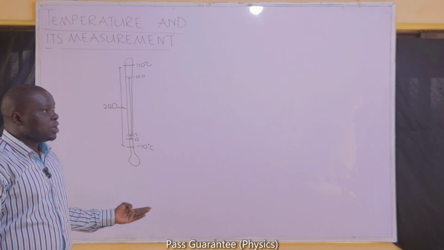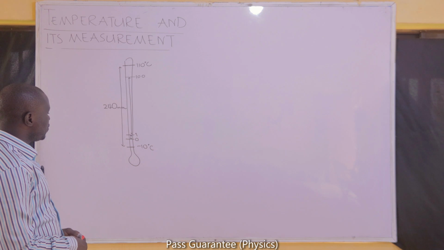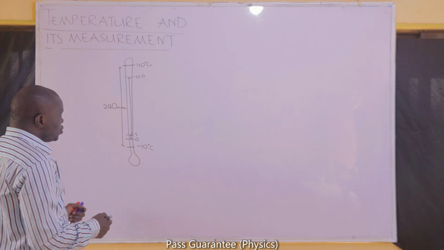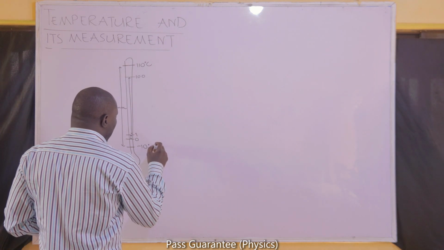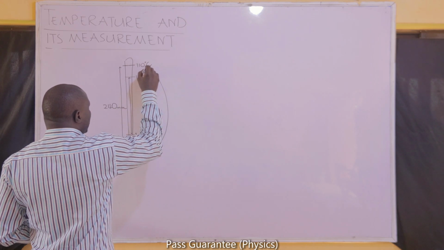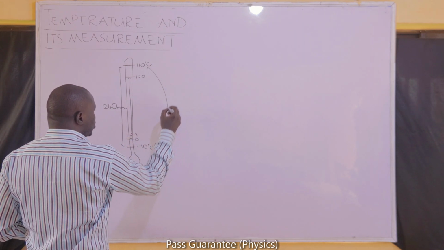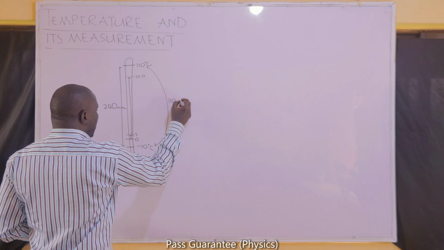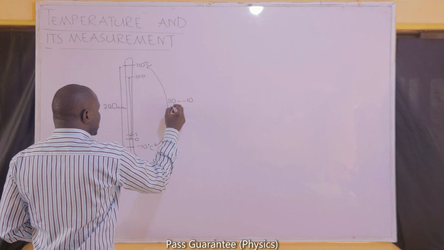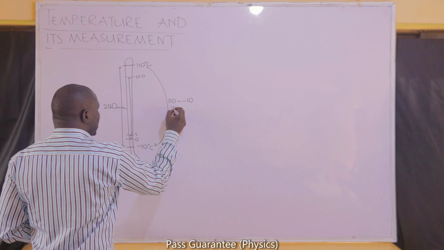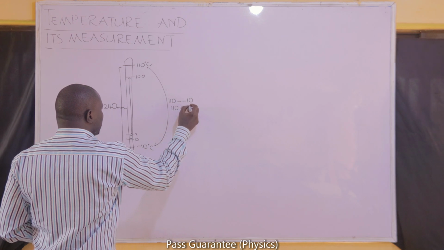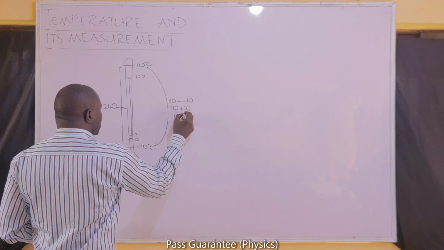If I want to use proportionality, I will look for the change in temperature. The change in temperature will be 110 minus minus 10, that is 110 plus 10, and that should give me 120 degrees Celsius.